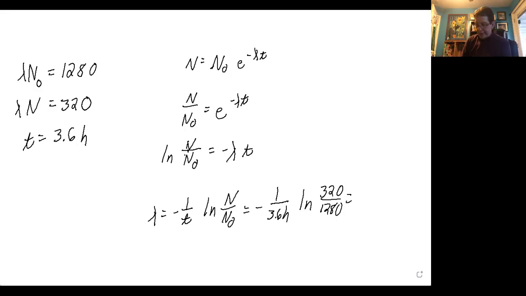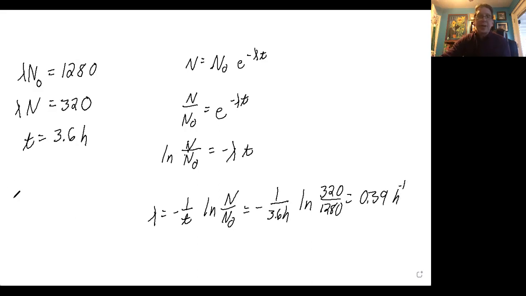So let's figure that out. And the natural log of a number less than 1 is going to be negative. So it's negative 1.38, and you're dividing that by negative 3.6, and you get 0.39 inverse hours.